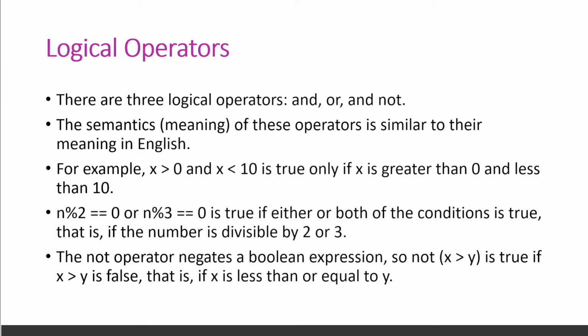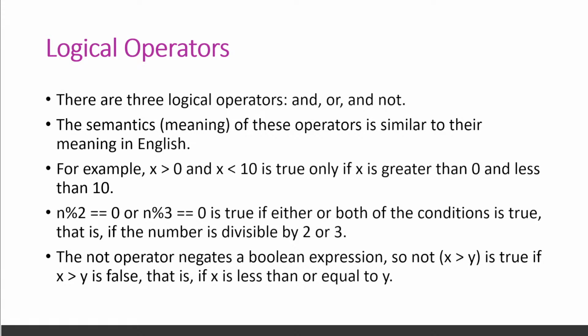Now we could also add logical operators to this. Basically these are the words and, or, and not. So if I want to make compound comparisons, which is what we talked about last week, where I have two propositions and I put them together: if I have an and between them, then both of them have to be true.